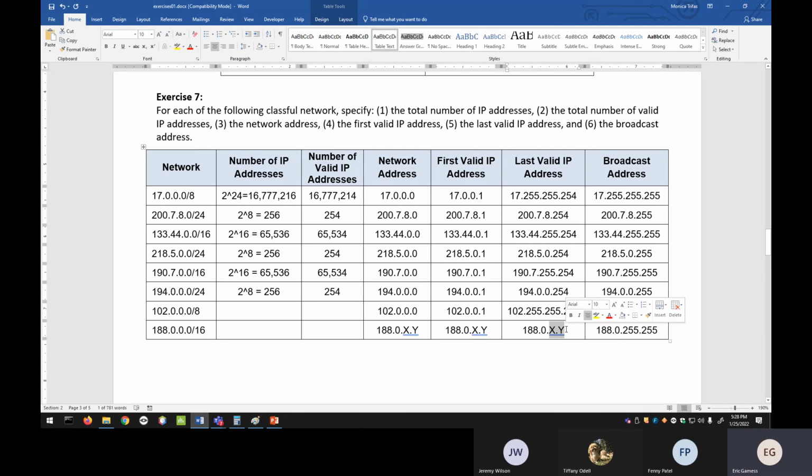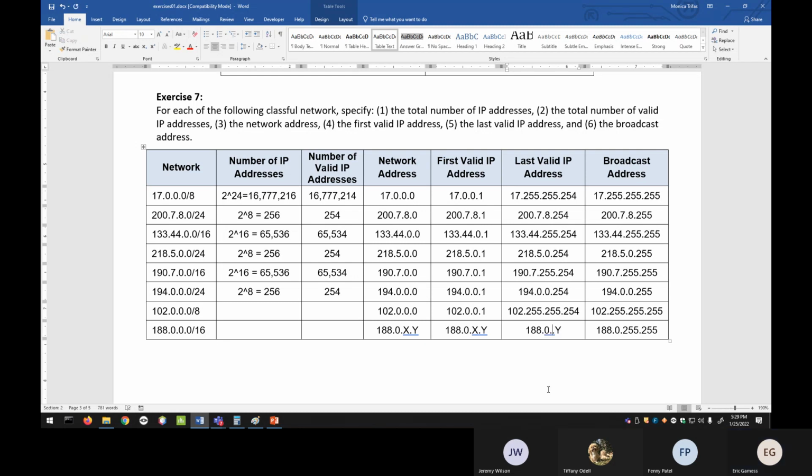Now here we have 16 bits. If we put 15 in one and the very last in 0, what will be X and what will be Y? Of course, it will be 255.254 because it's one IP address before 255.255.